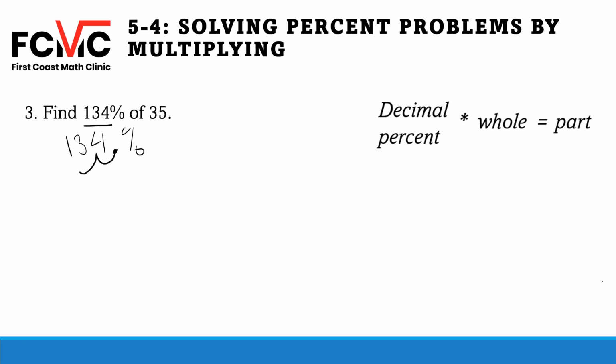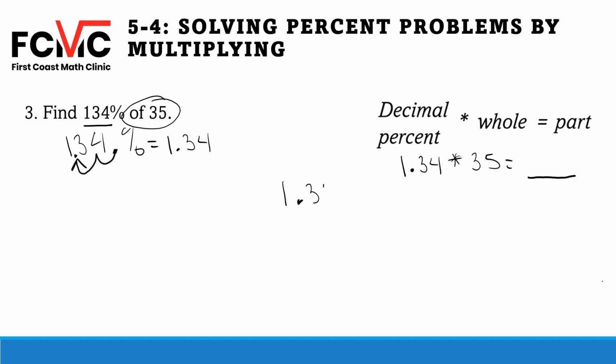We're going to move our decimal point 1, 2 places to the left. So I'll get 1.34. Whole value again, of 35, equals our part. So again, I'll do 1.34 times 35. Let's multiply those values out.